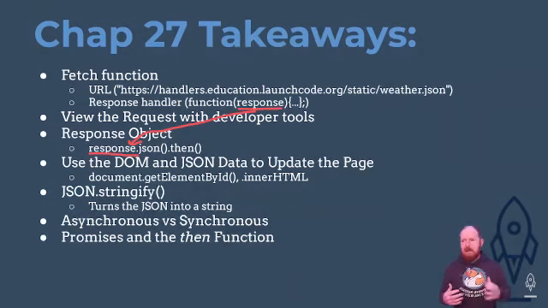You're just trusting me that I'm going to give it back to you, and then you're going to run it after you get it, which then the .then waits for, and then actually grabs it after it comes back. So the promise is just a placeholder. It's promising that it's going to give you something, and then the then function is the thing that handles it once it actually does come back.